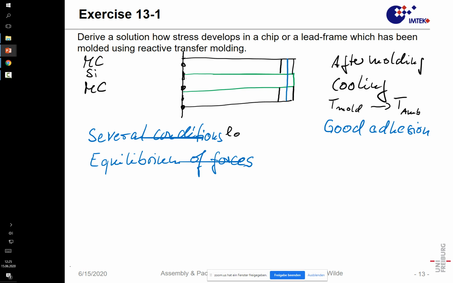Furthermore, as you have made the remark, it is coupled in a sufficiently strong way. So we also have, it is a continuous body. So that means, in the end, the length of the molding compound is the same as the length of the silicon.